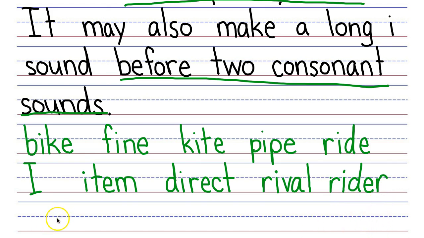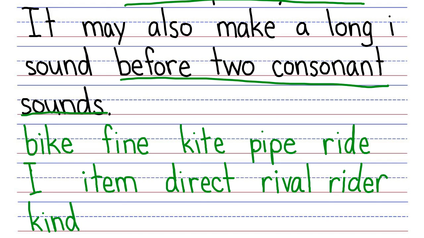Now let's look at one more kind of word where I makes a long I sound because the I is coming before two consonant sounds. First example, kind. Write this down. K that says k, I that says I, N that says n, and D that says d.